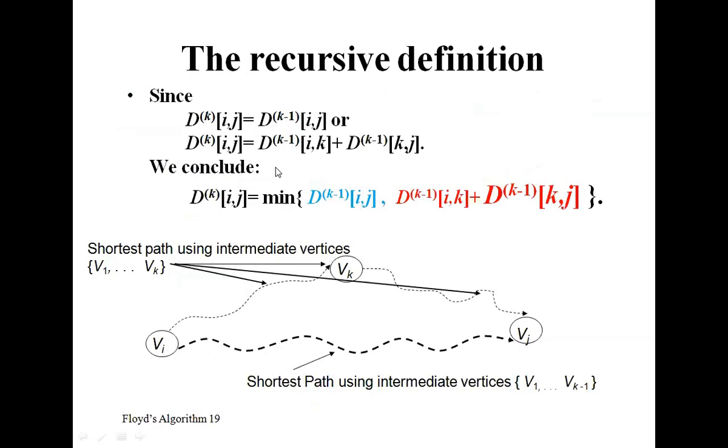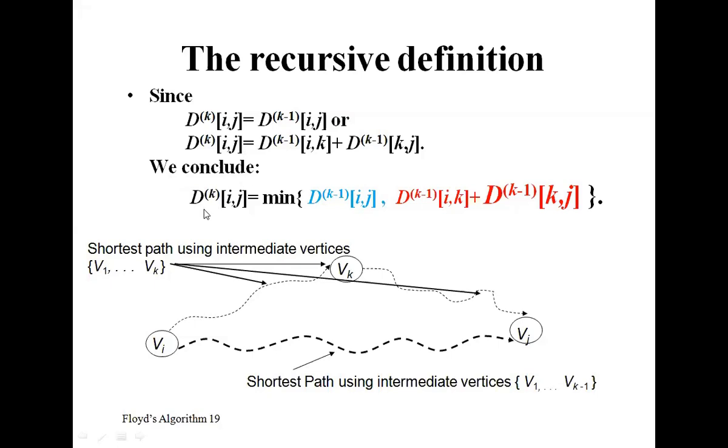So the recursive definition: dk of i comma j is equal to dk minus 1 of i comma j, or in this case dk of i comma j is equal to dk minus 1 of i comma k plus dk minus 1 of k comma j. First we consider the i to k path, next the k to j path, from the previous matrix k minus 1 for the present matrix k.